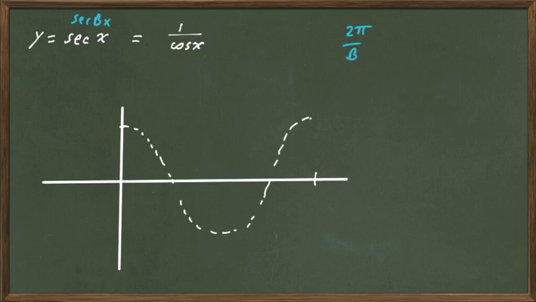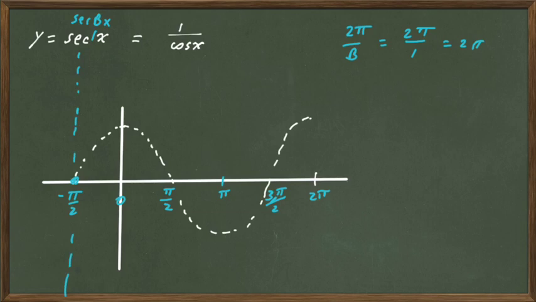The b is a coefficient on the x, so it's 1. 2 pi over 1 makes this period 2 pi. Makes this pi, makes this half of a pi, 1.5 pi. Again, if you were to extend it, where would it hit over here? Negative pi over 2 comma 0. But wherever the zeros are, that creates vertical asymptotes.